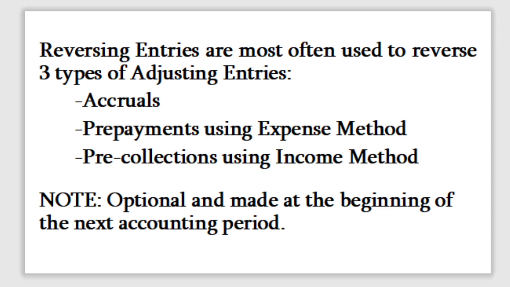So, first adjusting entry is the accrual. So, kapag sinabi accrual, it can be or ito yung accrued income and the accrued expenses. So, kung ano yung mga adjustments natin na ginamitan natin ng accruals or nag-accrue tayo, yun, i-reverse yun sila.